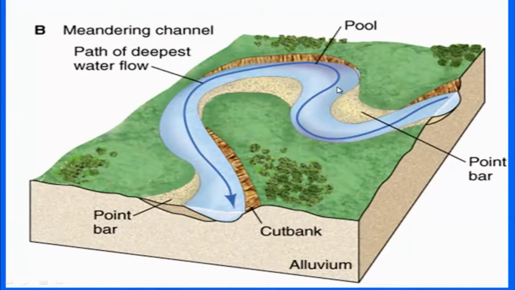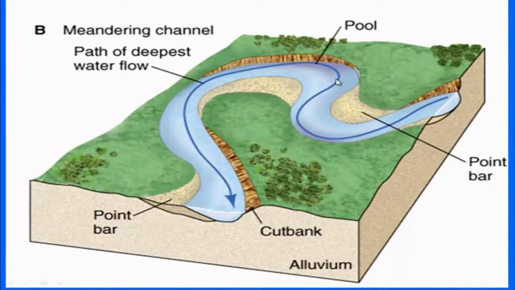This sketch shows the point bar, and this point bar is formed because of the deposition of sediments, and the other side, the outer side, the convex side, is the erosive portion, where the energy condition is higher and it has a deeper portion.